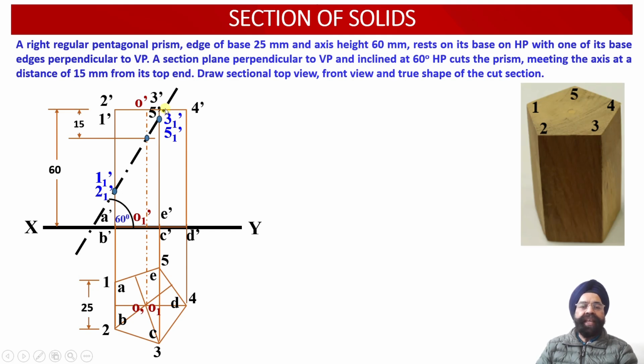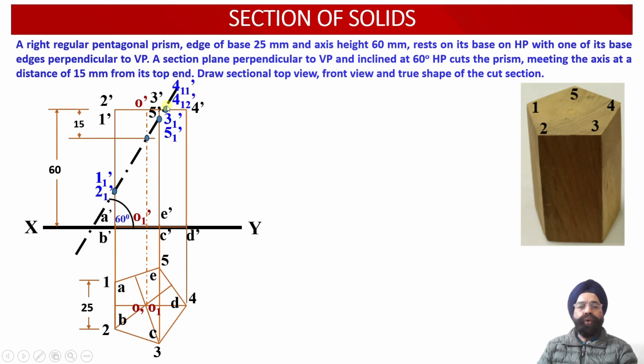And finally, the top face edges 3 dash, 4 dash and 4 dash, 5 dash, we can check 3 4 and 4 5. Now the cutting plane intersects both of these top face edges over here. So in the front view projections, these edges become 3 dash, 4 dash and 4 dash, 5 dash. The edge 3 dash, 4 dash has been cut by this cutting plane at the point 4 1 1 dash.